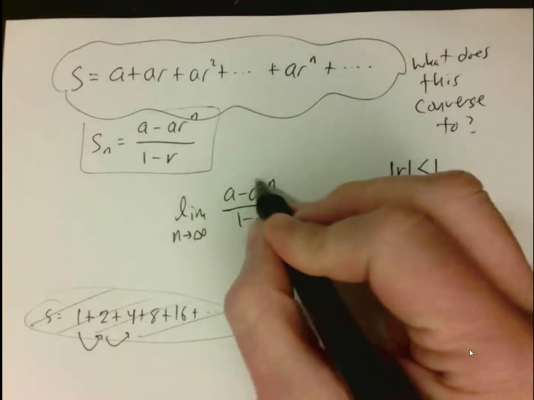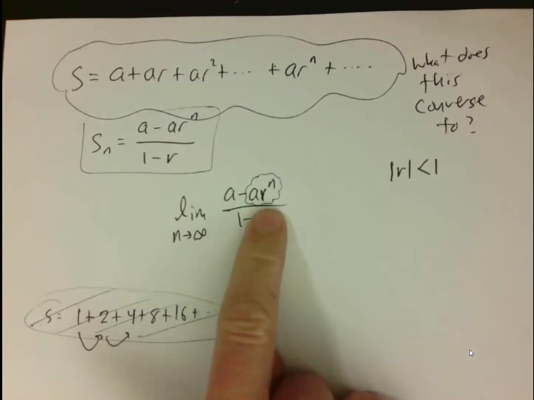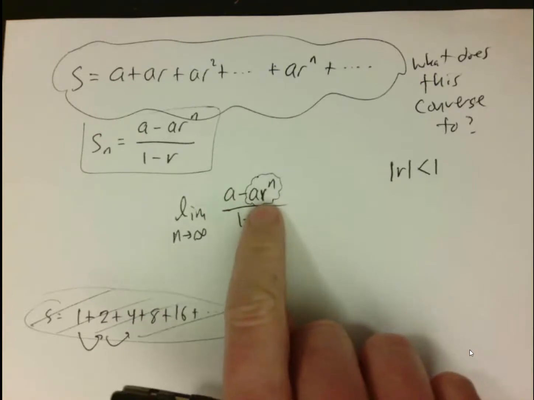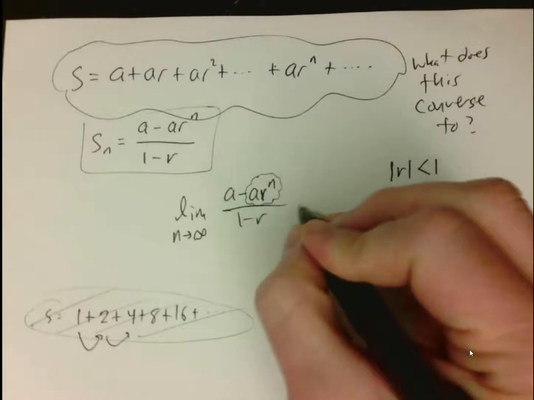So in that case, just like in our other example, this part is going to approach 0, because we've got something whose magnitude is smaller than 1 being multiplied by itself more and more and more times. So that's going to approach 0.